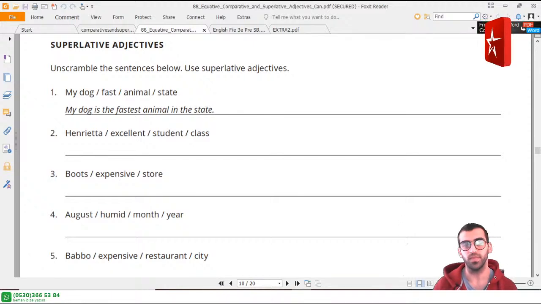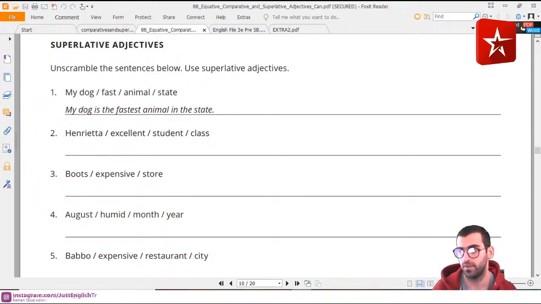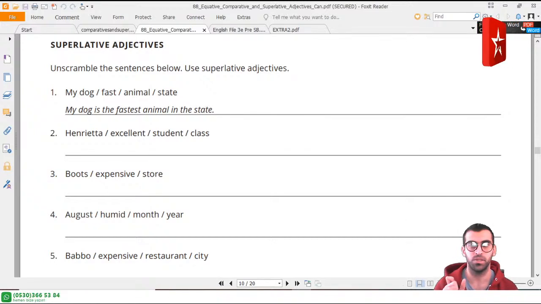So if everybody is here, we can continue with superlative adjectives, and we have to make some sentences by unscrambling the sentences below. As you see, from number 1, for example, my dog, fast, animal and state, and we have to write a sentence by using the different words here.